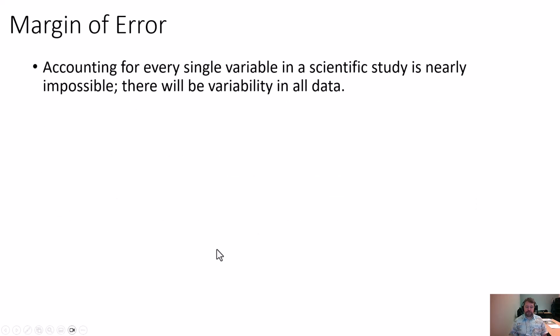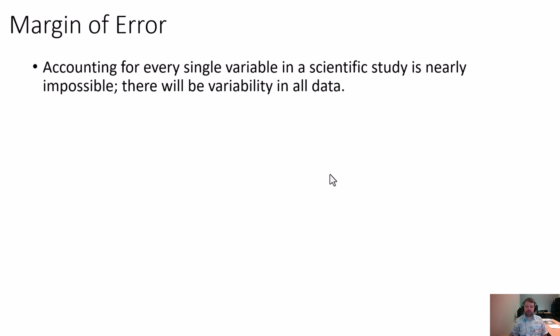Okay, so we know that it's nearly impossible to account for every single variable in a scientific study, especially when these scientific studies are natural studies that are really common in environmental science, where you're collecting data that occurs in natural systems.